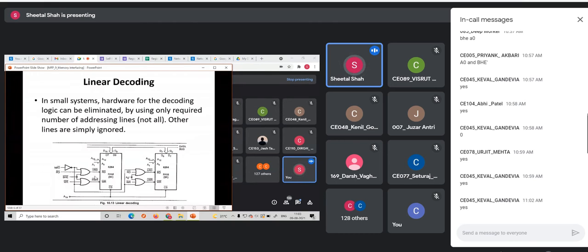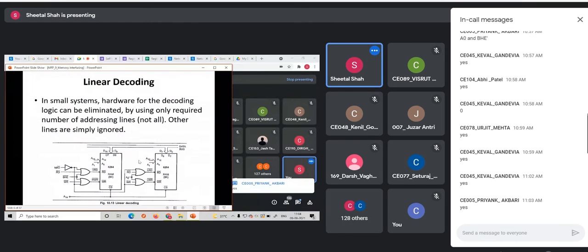In either situation, it may select one of the memory locations here, provided A19 is 0. Getting it, all of you? That means multiple addresses are provided for a single memory location. This is nothing but linear decoding. How about others? Understood?